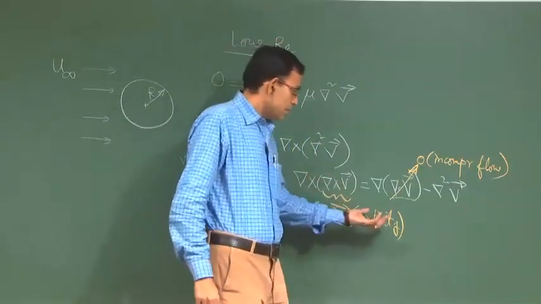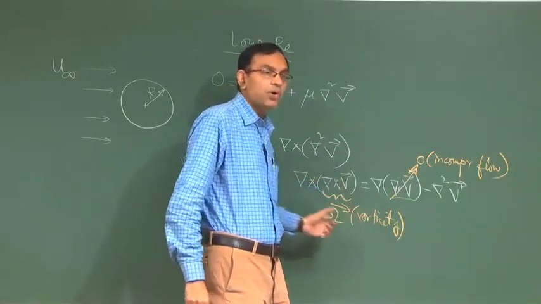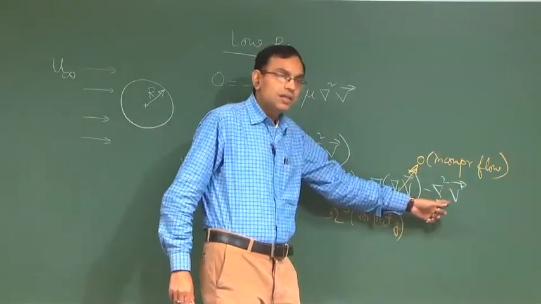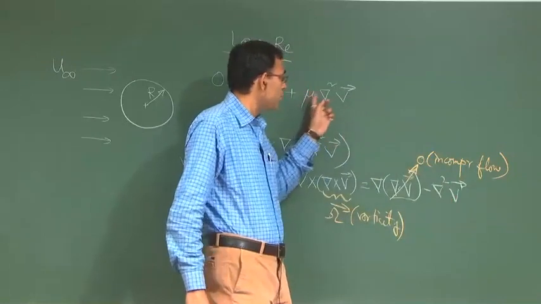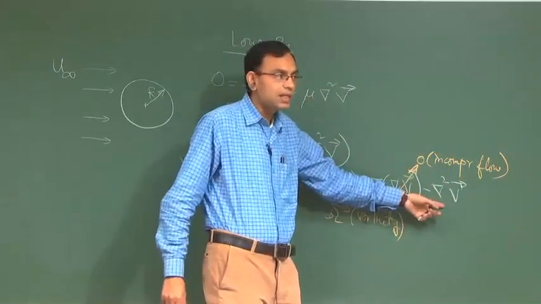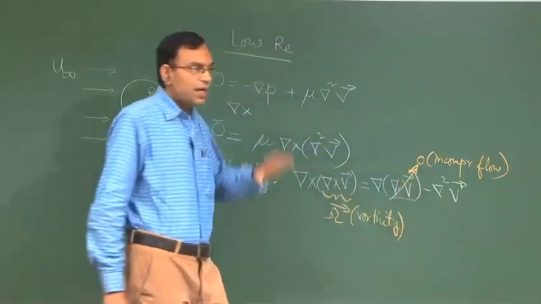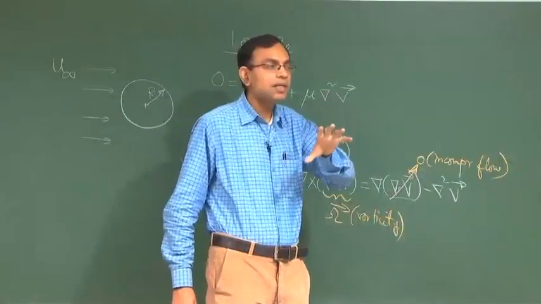So the rotational effect in the flow is related to, this represents what? This represents the viscous effect in the flow, because mu into this will represent the viscous force term in the Navier-Stokes equation. So very interestingly, see how nicely mathematics represents physics.